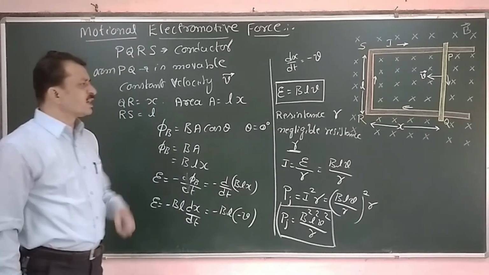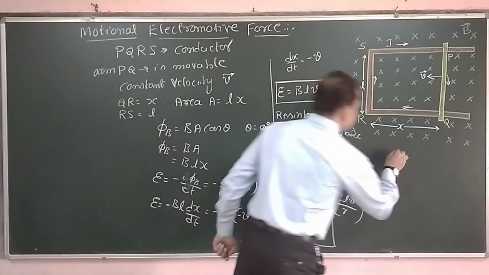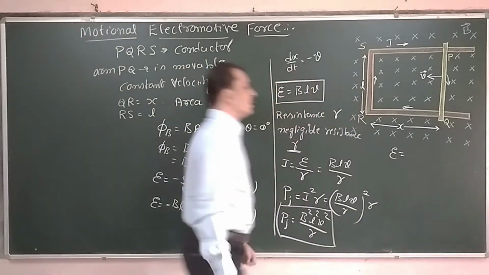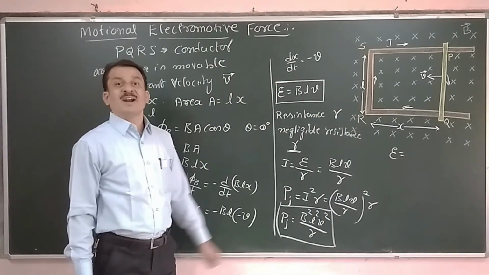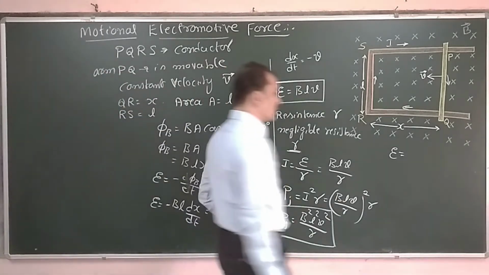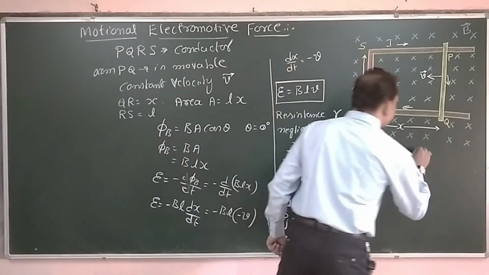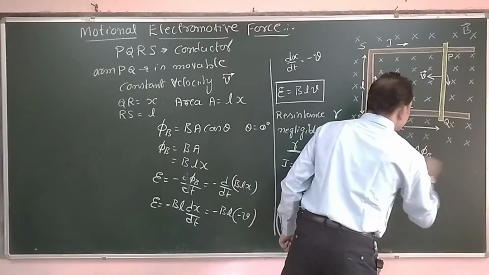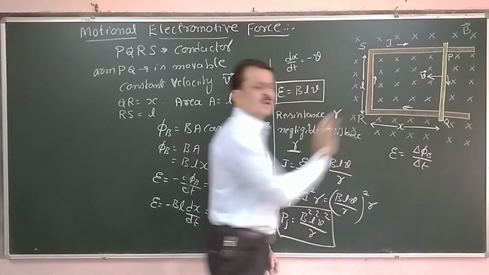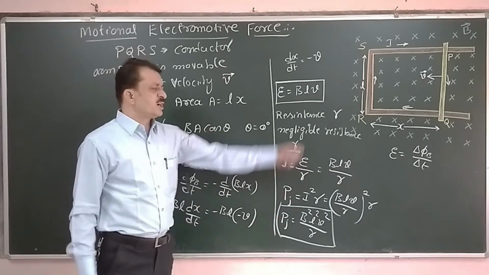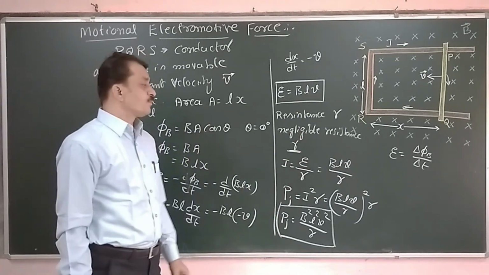And one more interesting thing is, we know that according to Faraday's law of electromagnetic induction, the magnitude of EMF is delta phi B by delta t, neglecting the minus sign. It is the rate of change of magnetic flux.